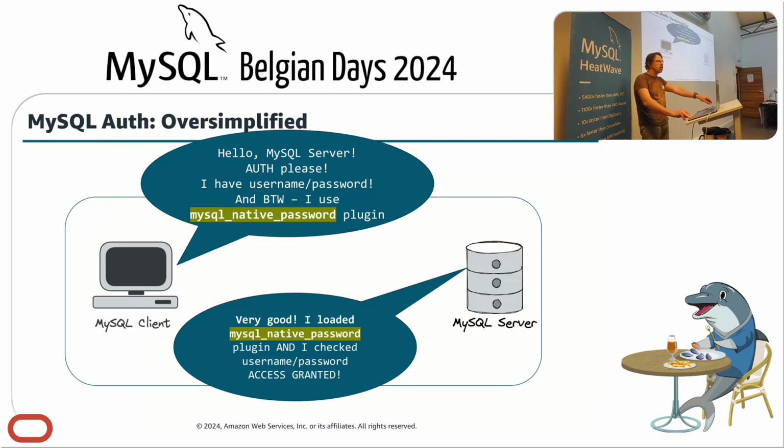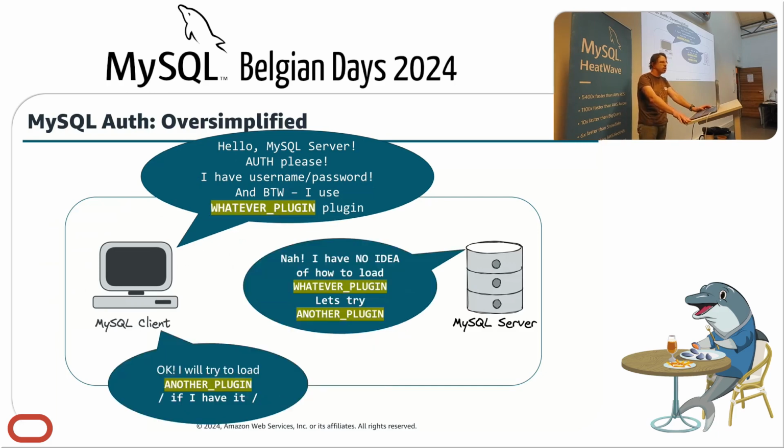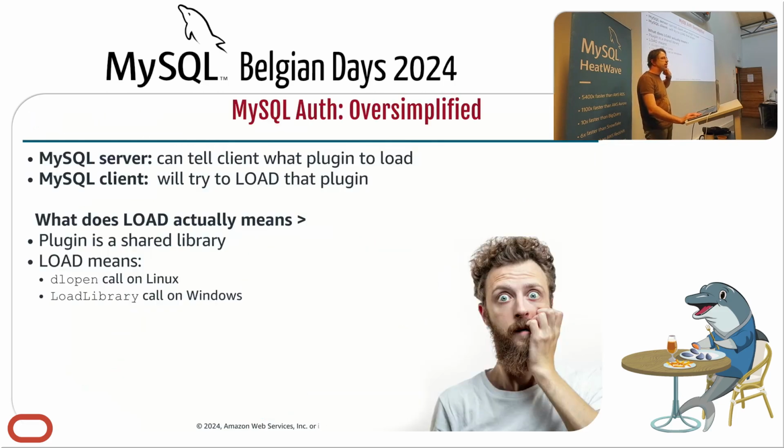Now, here's another story. The MySQL client says, hello, MySQL server, I have a username and password, and by the way, I use whatever plugin. And the MySQL server says, I don't know what this plugin is, let's try another plugin. And the client will say, okay, I will load that other plugin, if I have it. So the MySQL server tells the client what plugin to load.